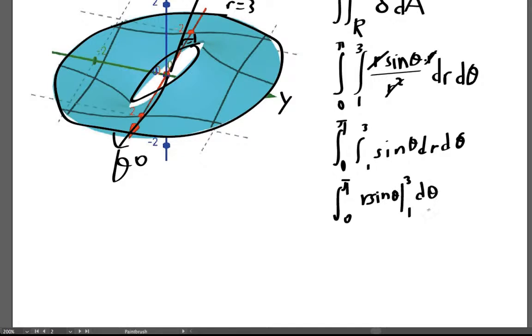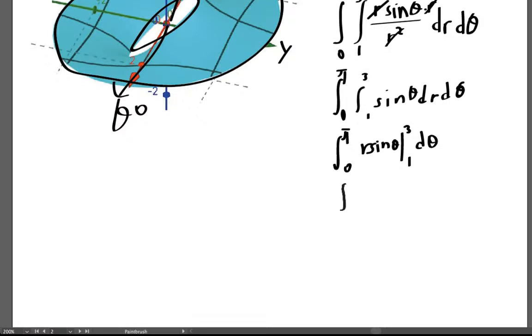Computing this, you get the integral from pi to 0 of this. We just plug the r in, so it's 3 sine theta minus sine theta. That would be 2 sine theta. Then you integrate 2 sine theta from pi to 0, which is very easy.